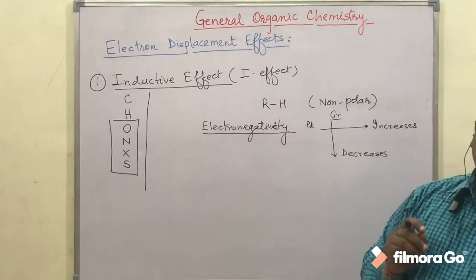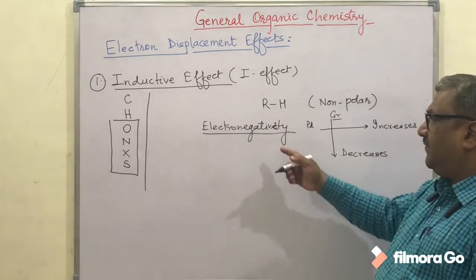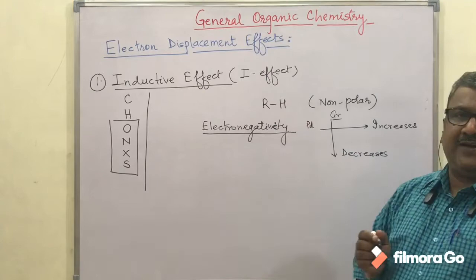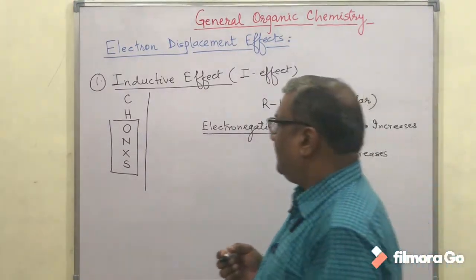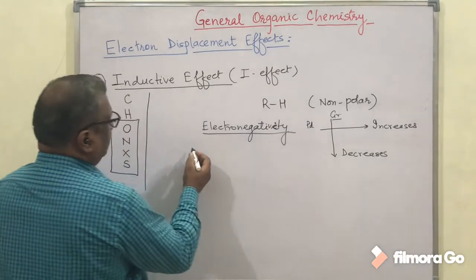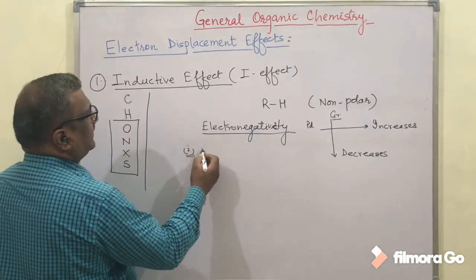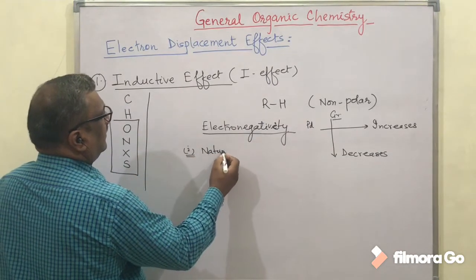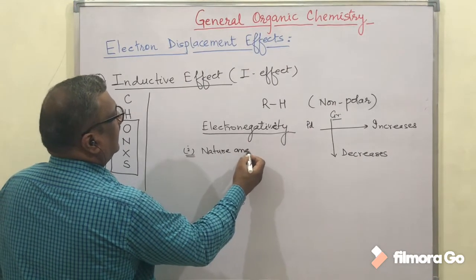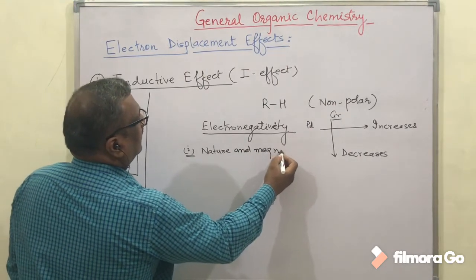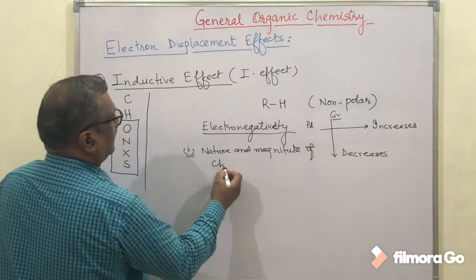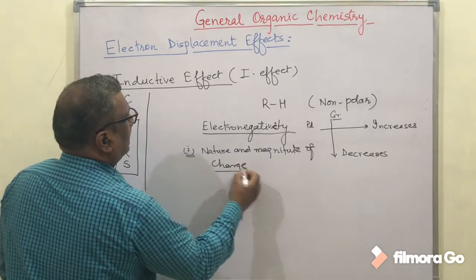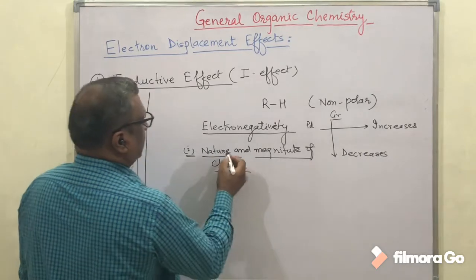And there are two factors mainly which will change the value of electronegativity. The first condition is nature and magnitude of charge.